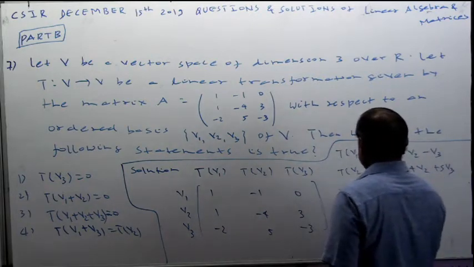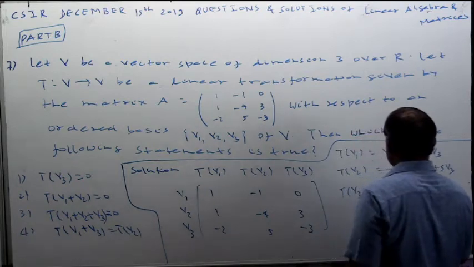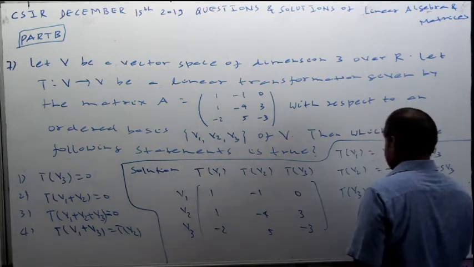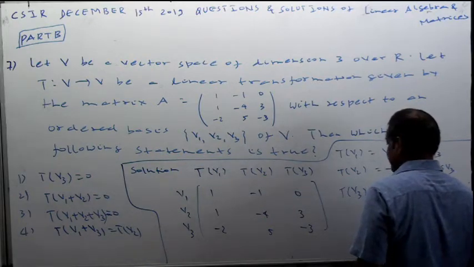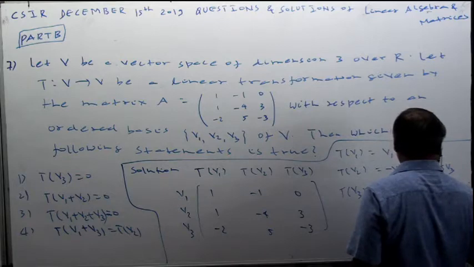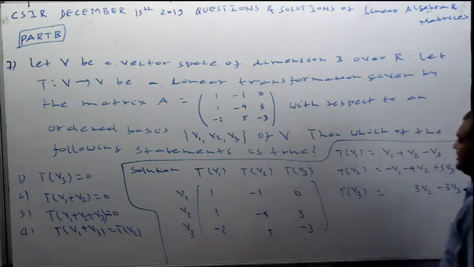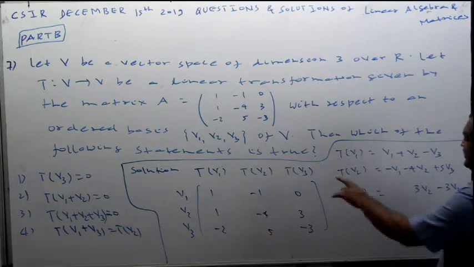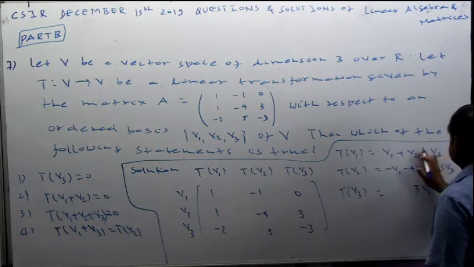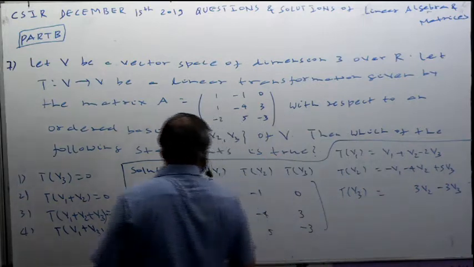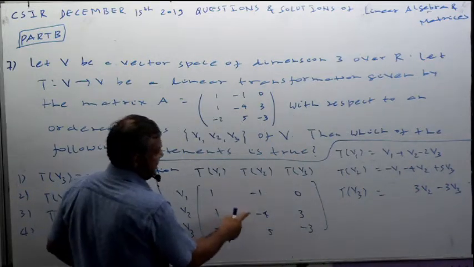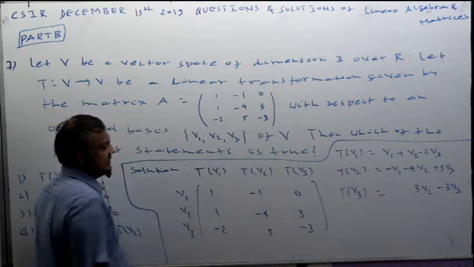T V3 equals 0 times V1 plus 3 times V2 and minus 3 times V3. I hope you are fine. This one has been incorrectly written. It is minus 2 V3. 1, 1, minus 2 times, minus 1, minus 4, 5 times, 0, 3, minus 3 times.